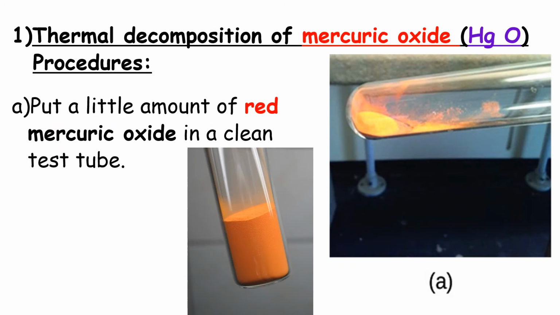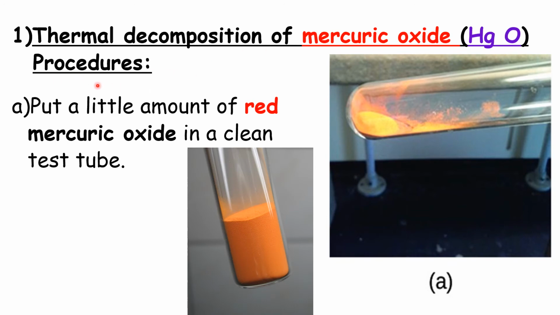Number 1, thermal decomposition reaction of mercuric oxide. ده الفيرست example. الميركوريك اوكسايد red mercuric oxide لونه احمر زي ما احنا شايفين كده في التست تيوب. Mercuric oxide, HgO.